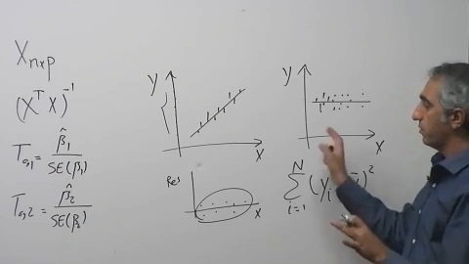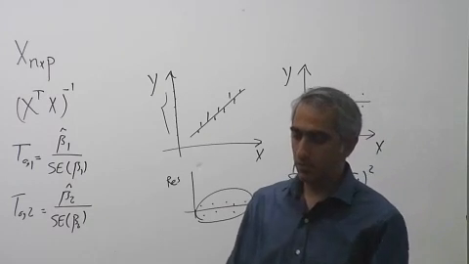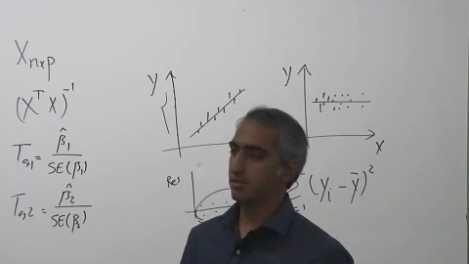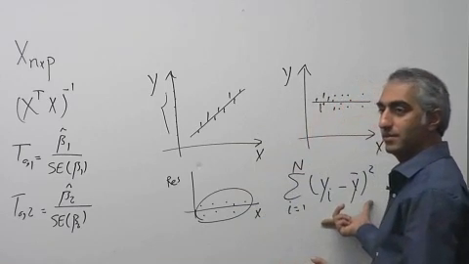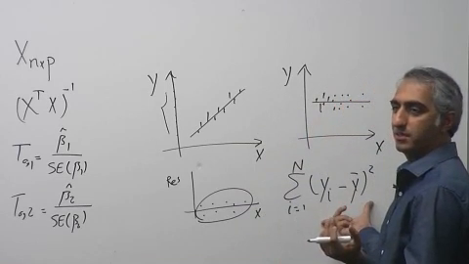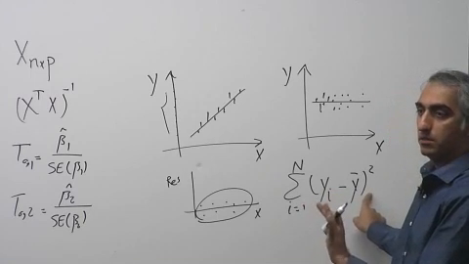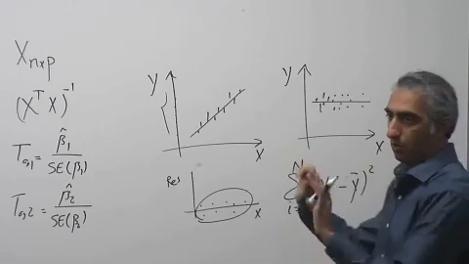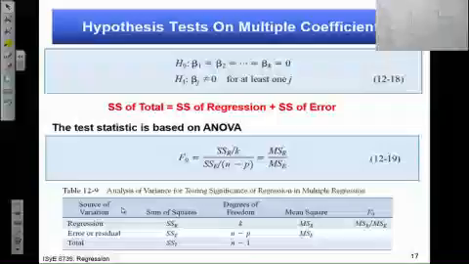Forget about error, okay? Let's say I'm giving you just y, and I tell you to calculate the variance. That's the numerator for variance, like s squared. I'm not considering any x here, only y. So we have this sum of squares.